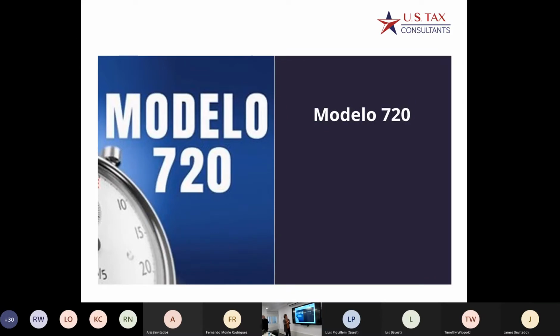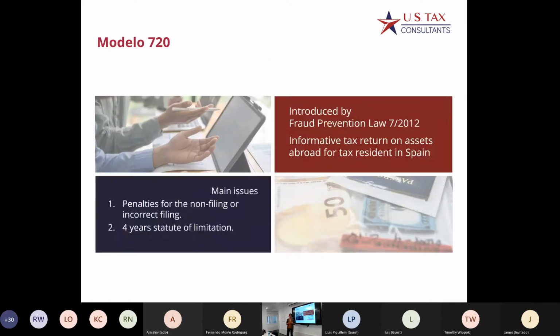Modelo 720, just a brief introduction, because I don't know if there's someone that didn't file it, but more or less you are obliged. There are three blocks: one is accounts, the other is real estate, and the other is investments. If any of the three blocks has a value of more than 50,000 euros, you are obliged to declare.